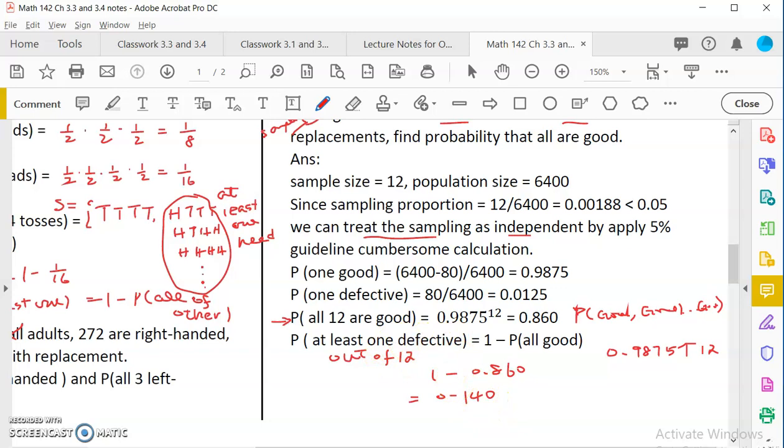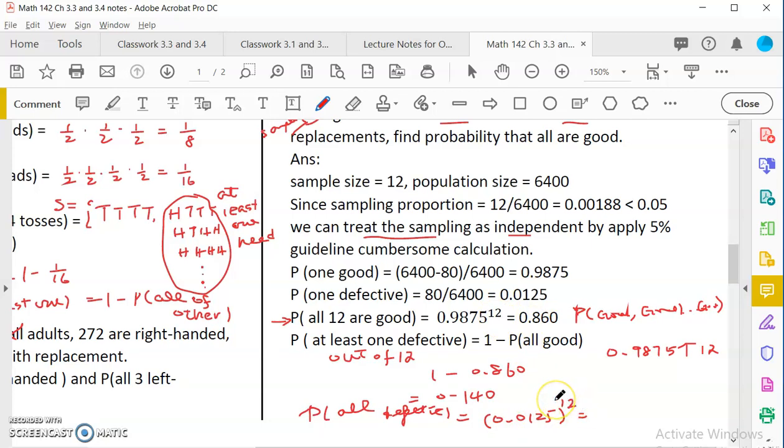So this is how you do all good. All defective would be very low. You can see that I didn't do all defective. If you are to do all defective, that means the first is defective, all of them are defective. So it will be 0.0125. Or actually, you should use the fraction, and then 12 times.